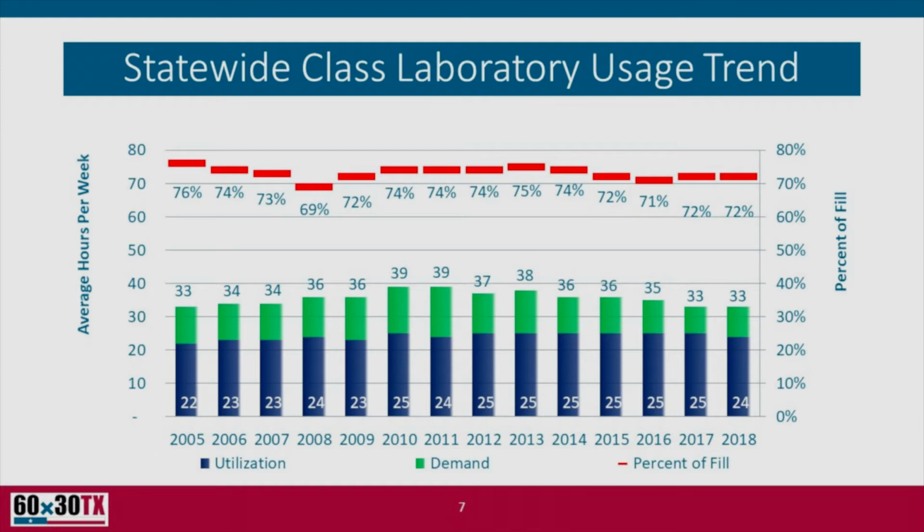Since 2005, when the SU was actually started, to 2018, the classroom usage trend for the state has trended upwards slightly. However, the class laboratory usage trend is slightly down from its inception back in 2005.